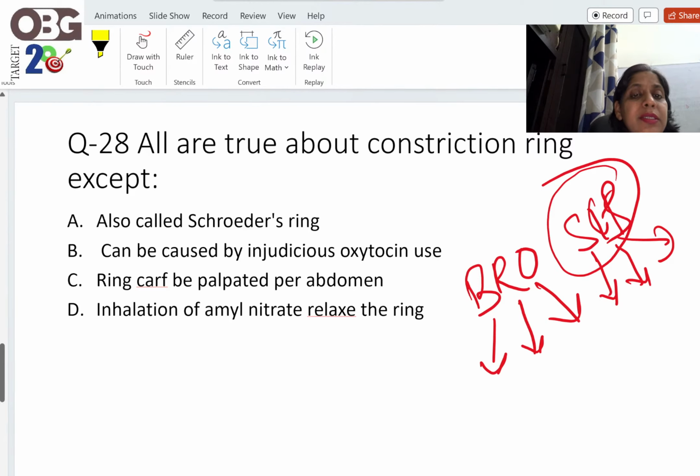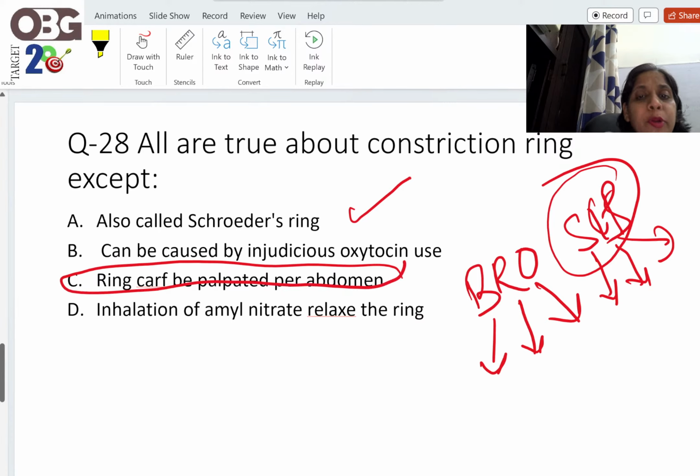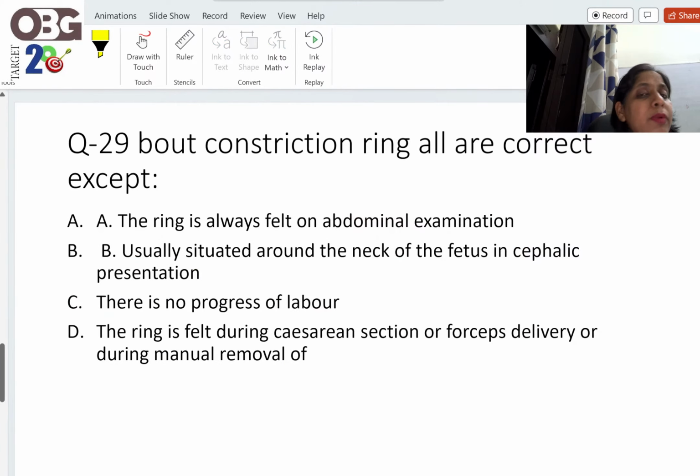Yes, it is right. It is not palpated per abdomen. This Schroeder ring or constriction ring is only palpable per vaginal or on manual removal of the placenta. It is usually situated around the neck of the fetus in cephalic presentation. Yes, this is right.